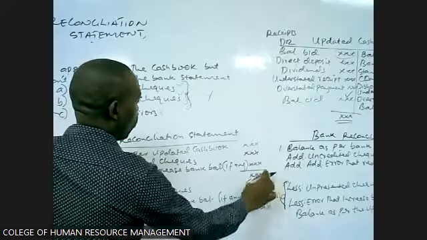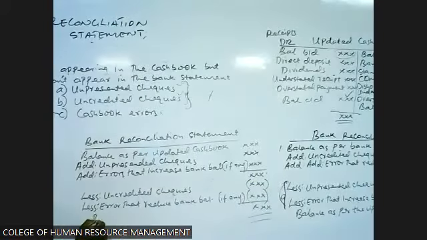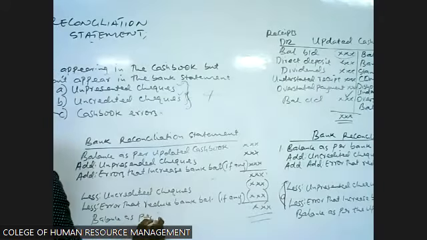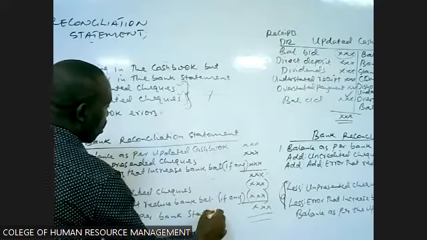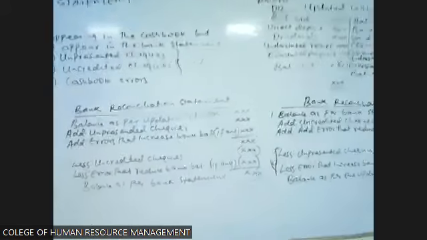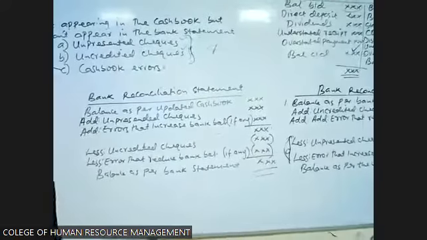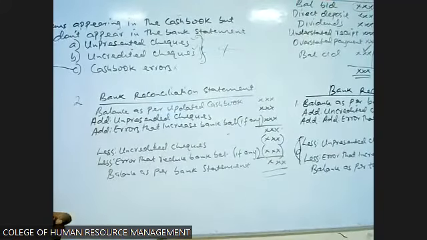So this minus this, it gives you a figure there, which should be the same as the balance as per the bank statement. So this is format two. That is format two.